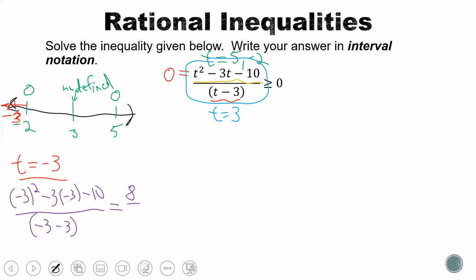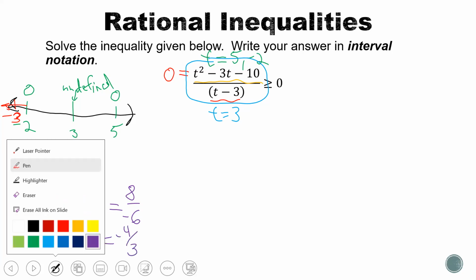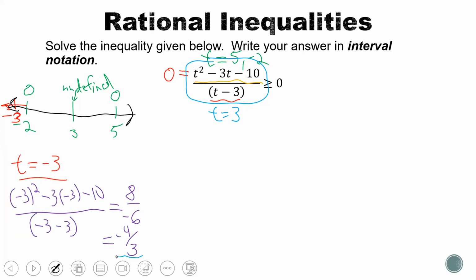The denominator, negative 3 minus 3, is negative 6, which now reduces to negative 4/3. And as we saw before, the most important thing here is that this is negative. So for all values less than negative 2, in this interval over here, the expression outputs negative values. You could check additional values if you want to, but you should find that they all end up being negative.